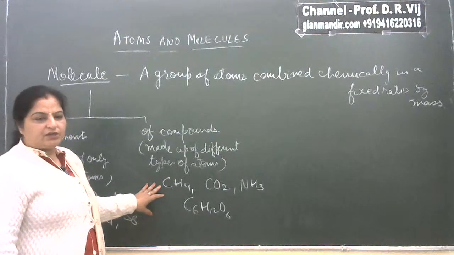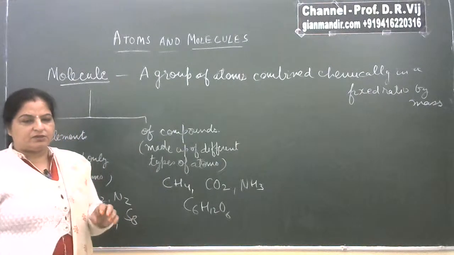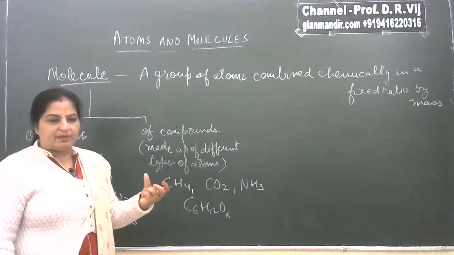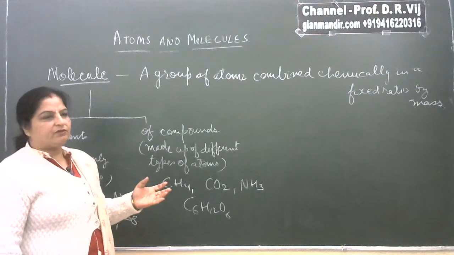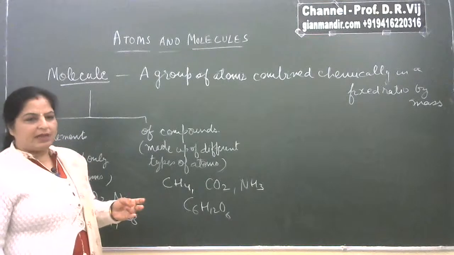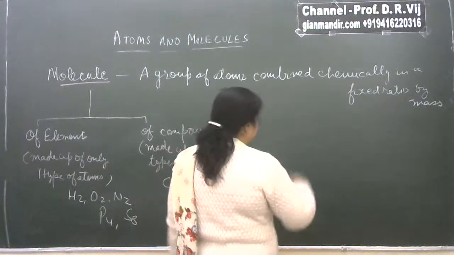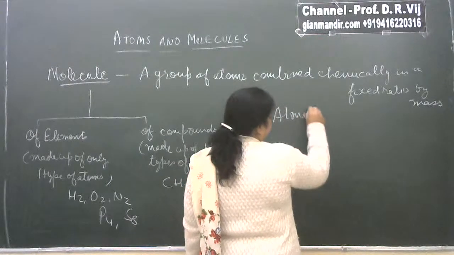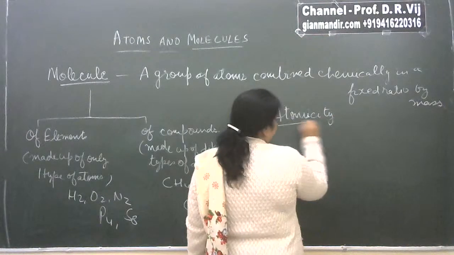Another interesting feature about these molecules is that they do not exhibit the properties of their constituent elements. Rather, they exhibit totally different properties from their constituent elements, right? And when we talk about molecules, there is another related term, known as atomicity.